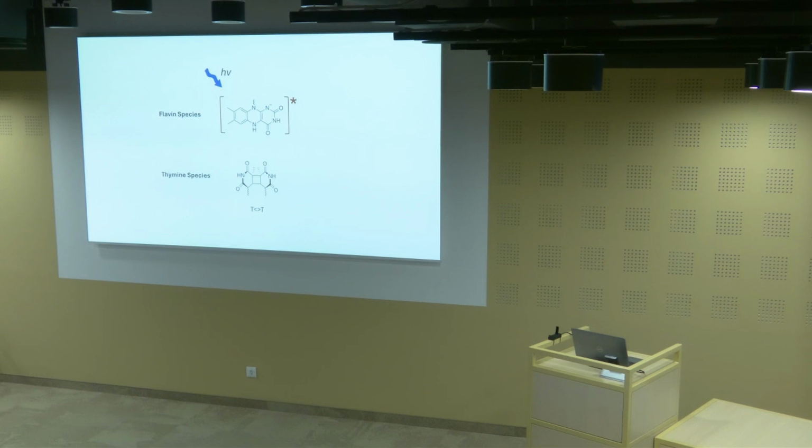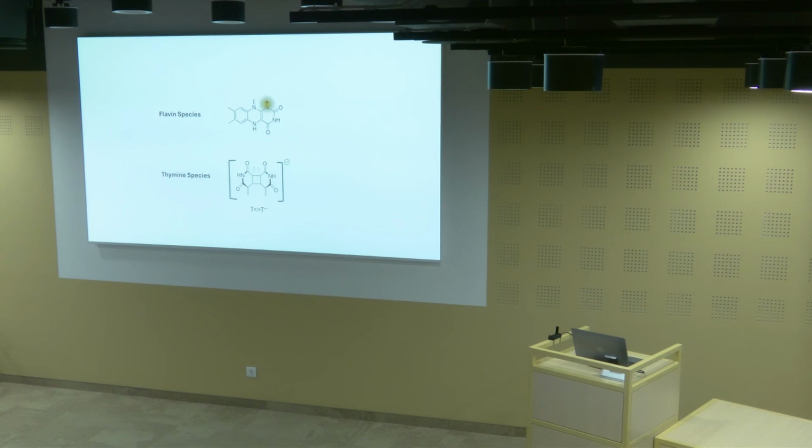If the flavin absorbs a blue photon, in our case we used 400 nanometer excitation, then this can create an excited state that's capable of undergoing an electron transfer reaction to the thymine. The flavin will donate an electron to the thymine, and it's known from chemical studies that the reduction of this thymine species is sufficient for repair. As long as you can get an electron onto this thymine dimer, it will spontaneously split.